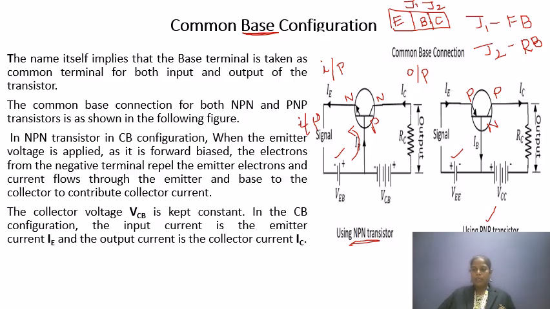In the case of PNP, the same thing. The current is transferred from the emitter, which is at positive potential.